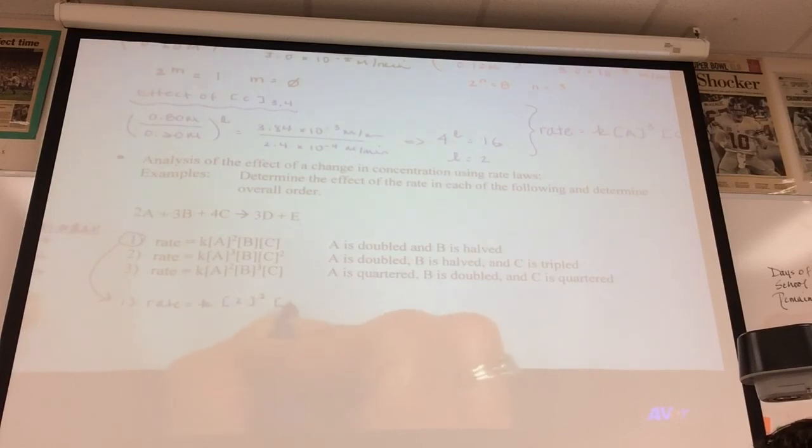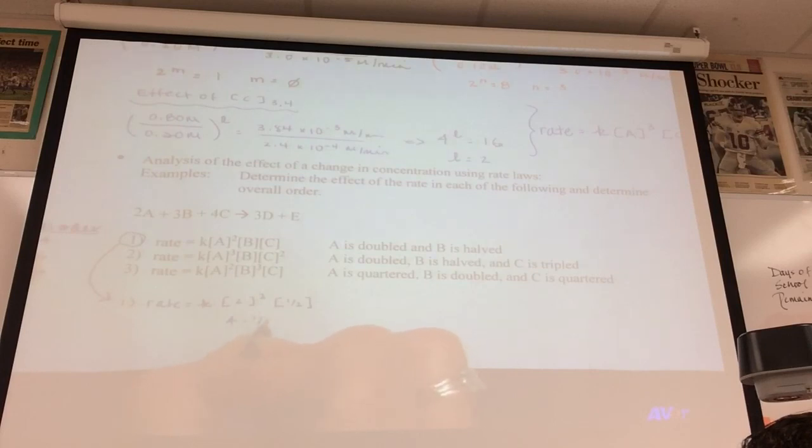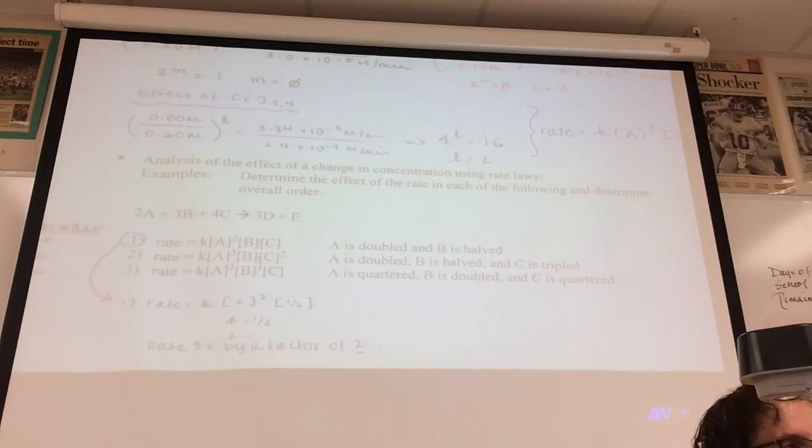And B is halved, so I'll put a half in for the B. I don't do anything to C, so I'm not going to bother with it. 2 squared is 4. 4 times a half is 2. So I would say the rate increases by a factor of 2. Does that make sense?